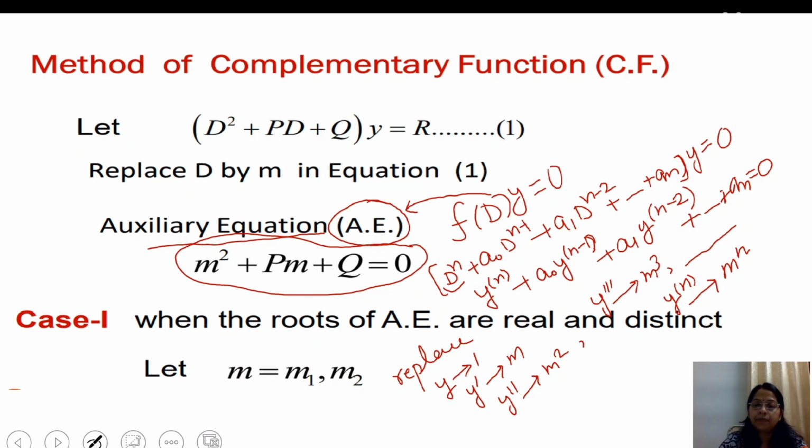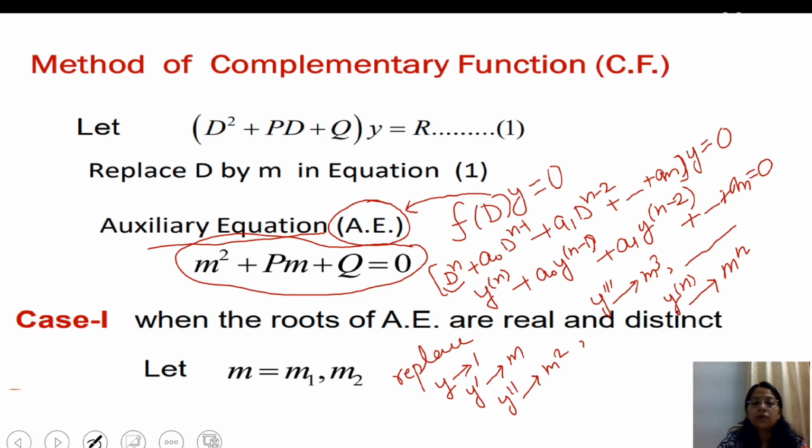By looking at it, we can directly have an idea of how many roots we are going to have. If it is of order 2, then 2 roots. If it's cubic, then 3 roots. Biquadratic, 4 roots, and so on. An nth order auxiliary equation is going to give us n roots.